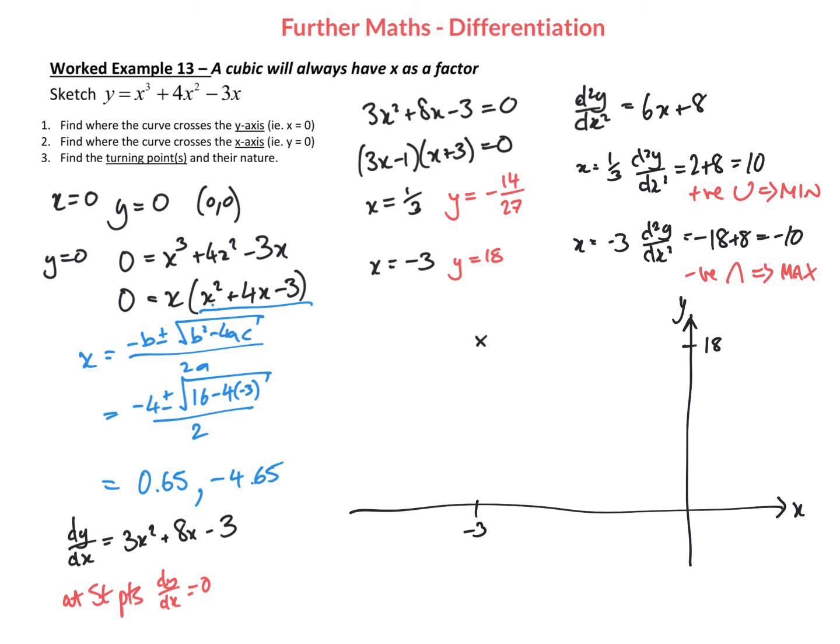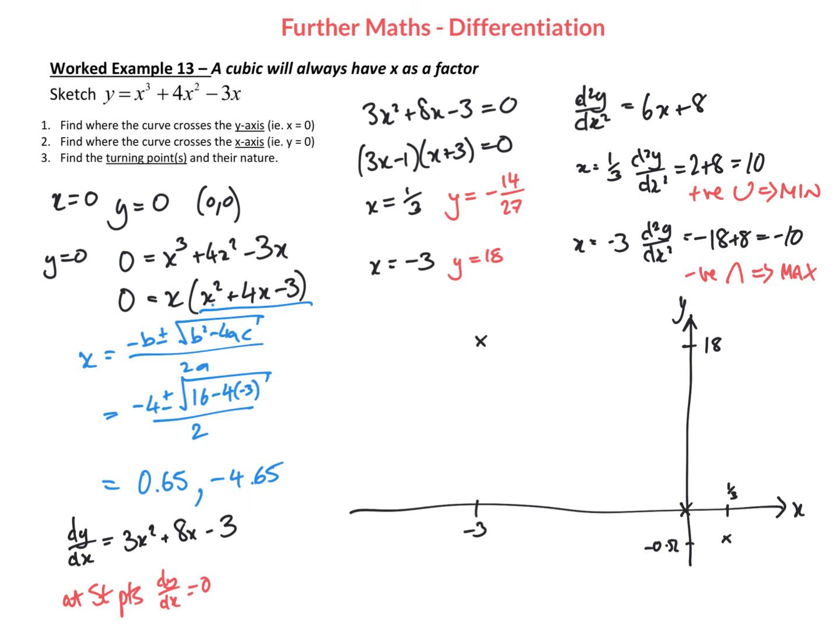I know my minimum point was at 1/3, minus 14/27. So that's almost minus 0.52. So let's go 1/3 here, and this is minus 0.52. I know that it crosses at 0, 0, at 0.65 and minus 4.65. So let's put those in.